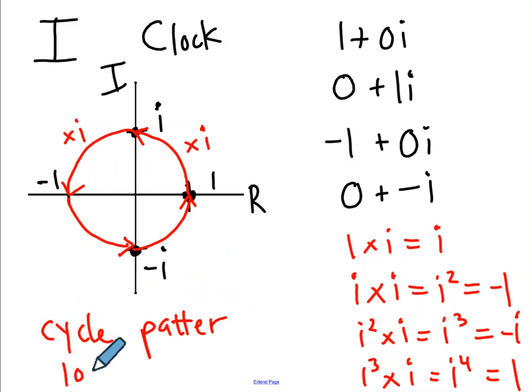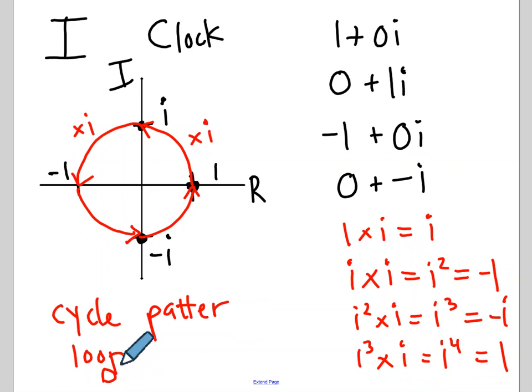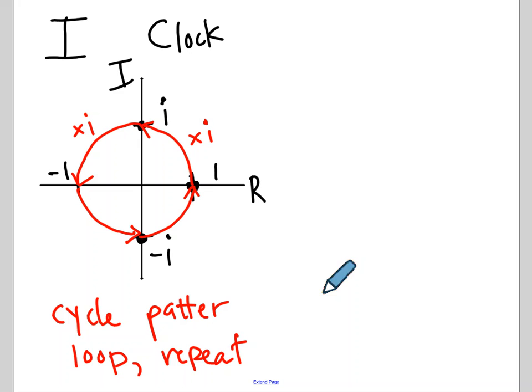Somebody called this a loop, or a repeating pattern. Okay, so let's see if we can use this pattern to answer some of the other questions we've got here. So what would I to the 6th be equal to?